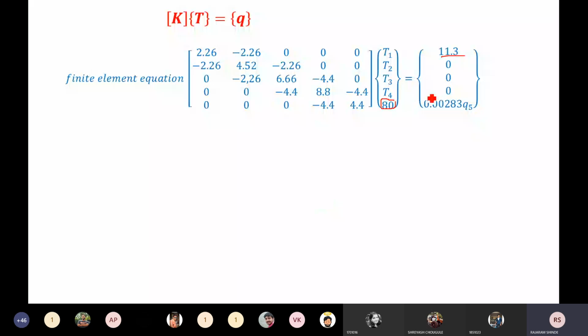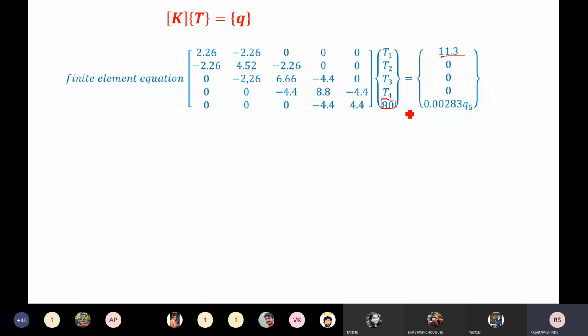So your finite element equation becomes 11.3, 0, 0, 0, 0.00283 Q5. Have you got it? Now we have to solve this for T1, T2, T3, T4, and also you have to find Q5.